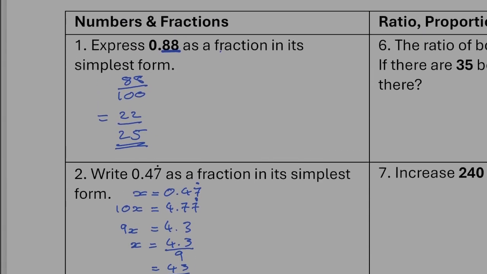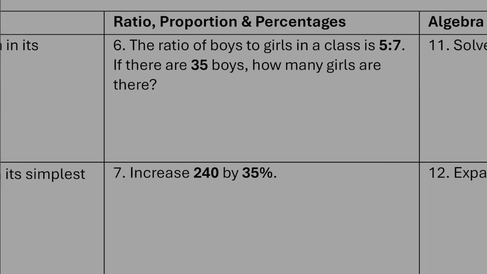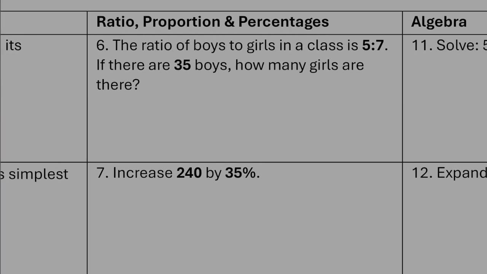Okay, question 6. The ratio of boys to girls in a class is 5 to 7. There are 35 boys. How many girls are there? I've put this one in because this time we're not doing the typical sharing a full amount between a ratio. We're given one of the ratios. I always find it useful to set it up.